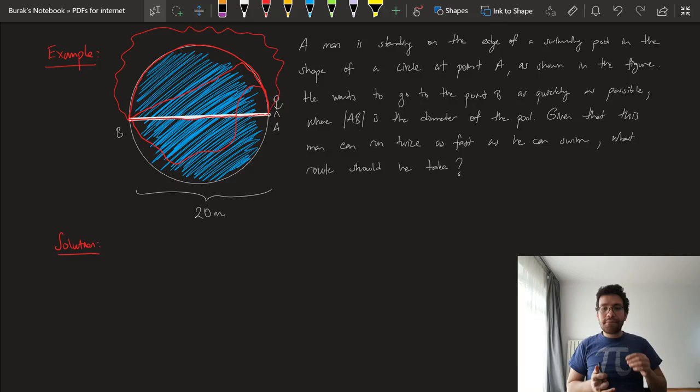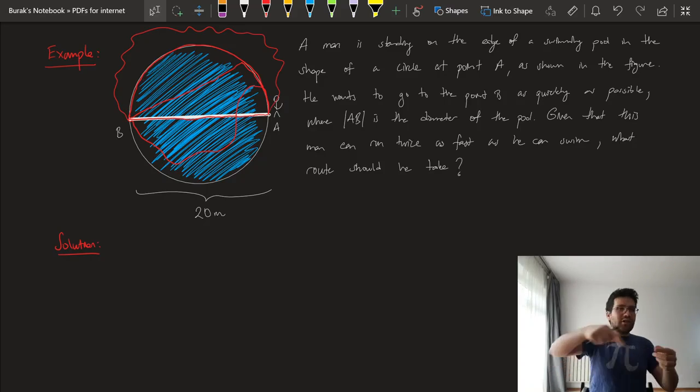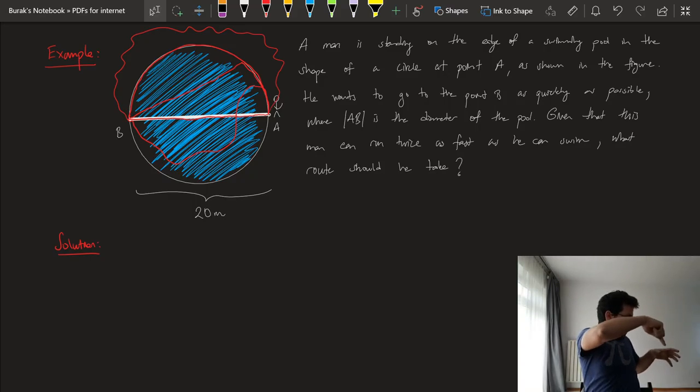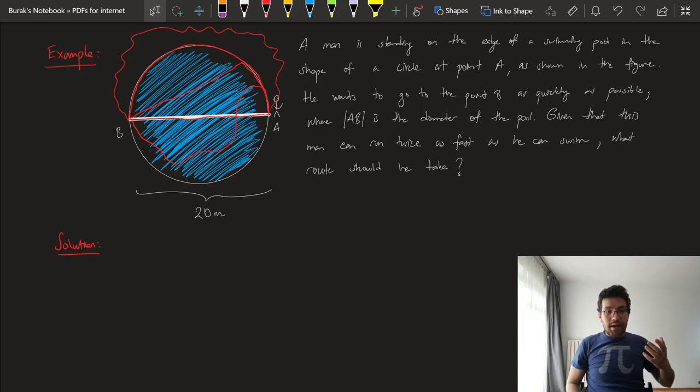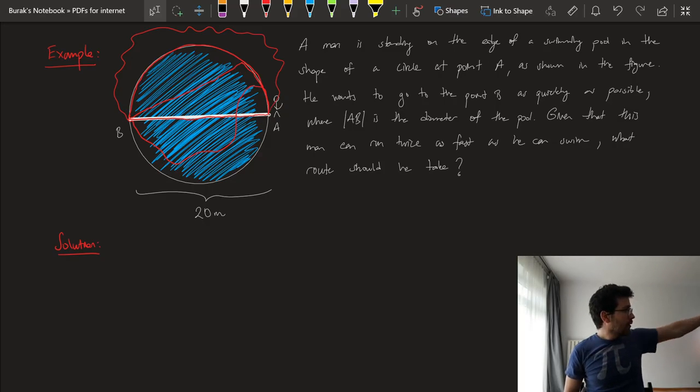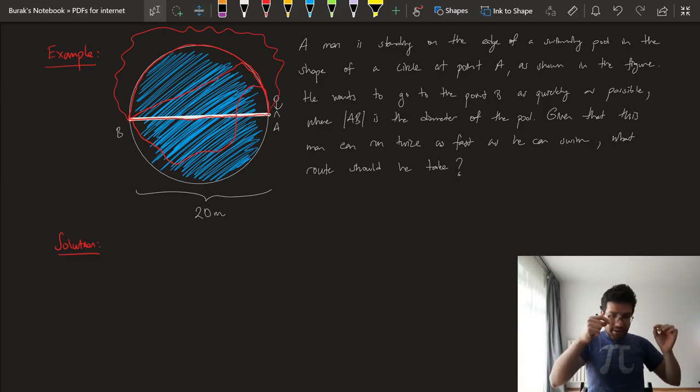The second observation is if he ever decides to get in the pool, after he gets in, he should be swimming directly towards the point B. Otherwise, if after jumping in, he's making some circles and swimming in some curved path, then he'll lose time as well. So from the point he jumps in, his swimming path should be aligned from that point to the point B.